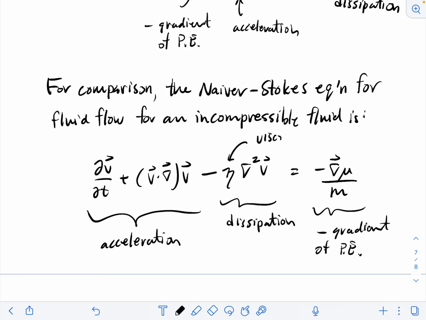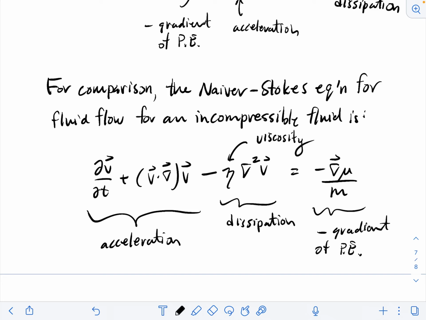And so what we were able to derive was something equivalent to the Navier-Stokes equation for fluid flow, which is a purely classical expression for the case where there's zero viscosity.